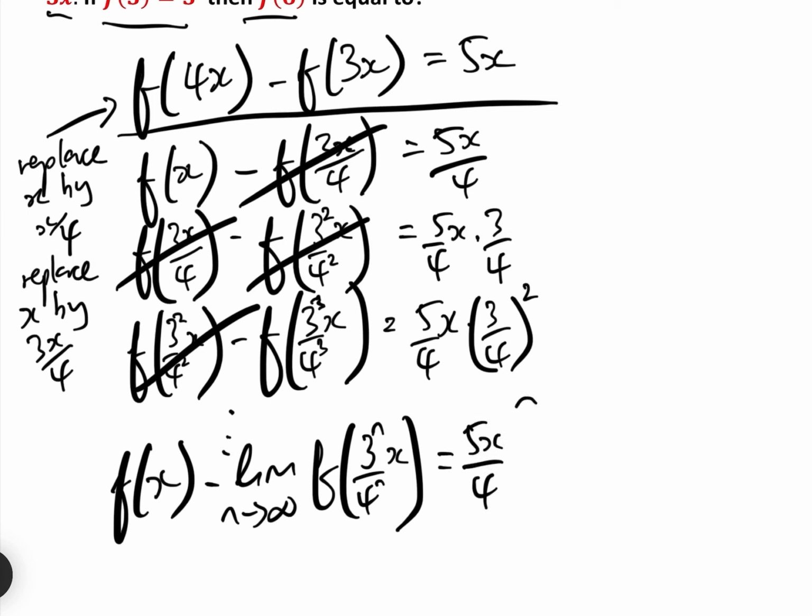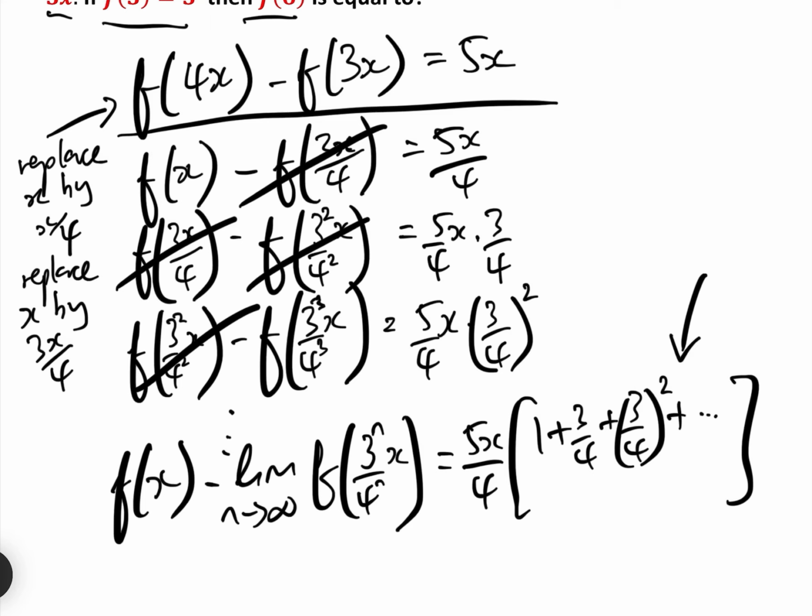equals 5x over 4 times 1 add 3 over 4 add 3 over 4 squared and so on, which is a geometric series where the first term is 1 and the ratio is 3 over 4, so the sum of that to infinity is 1 over 1 minus r, which is 1 over a quarter, equals 4.